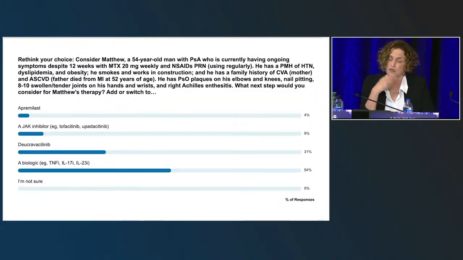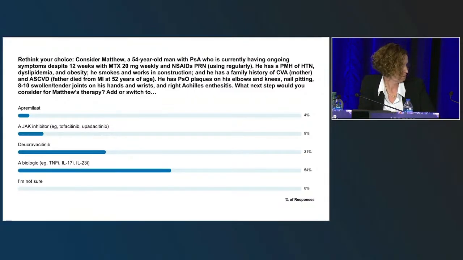But in this particular case, I would not think that would be the preferred option. Then we are left with the other options, and I think biologics and deucravacitinib would be potential options in this patient, and then it goes back to patient preference, an injectable or an oral agent.